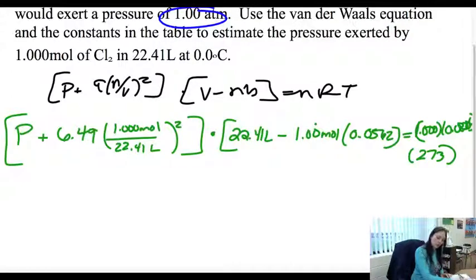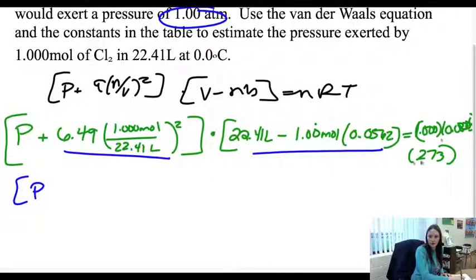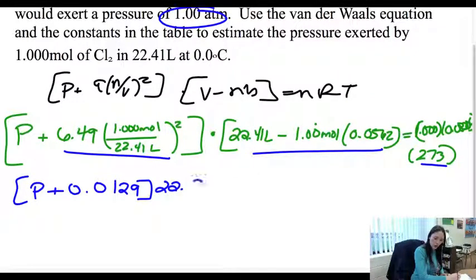So you have to do a little bit of algebra. Do one thing at a time. So we do all that math, plug your numbers in. Pressure plus, when we do this math here with the 6.49, I'm going to get 0.0129. I'm going to take this times, when I do the math of 22.41 liters minus 0.0562, which is going to be 22.35. And the right side's all going to equal 22.41.